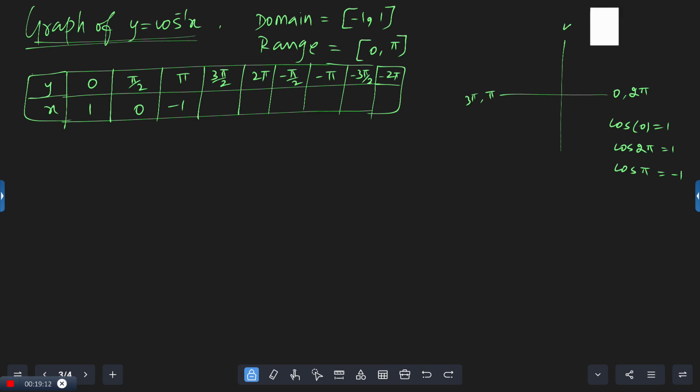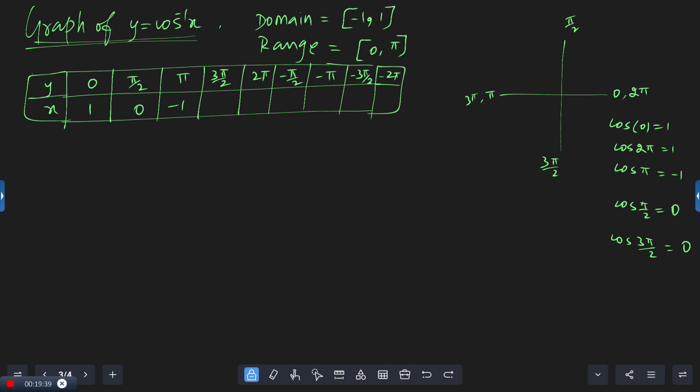In the same manner here 90, that is pi by 2, so cos pi by 2 is 0, and opposite you will get minus 0, minus 0 is 0 only, not an issue, understand.